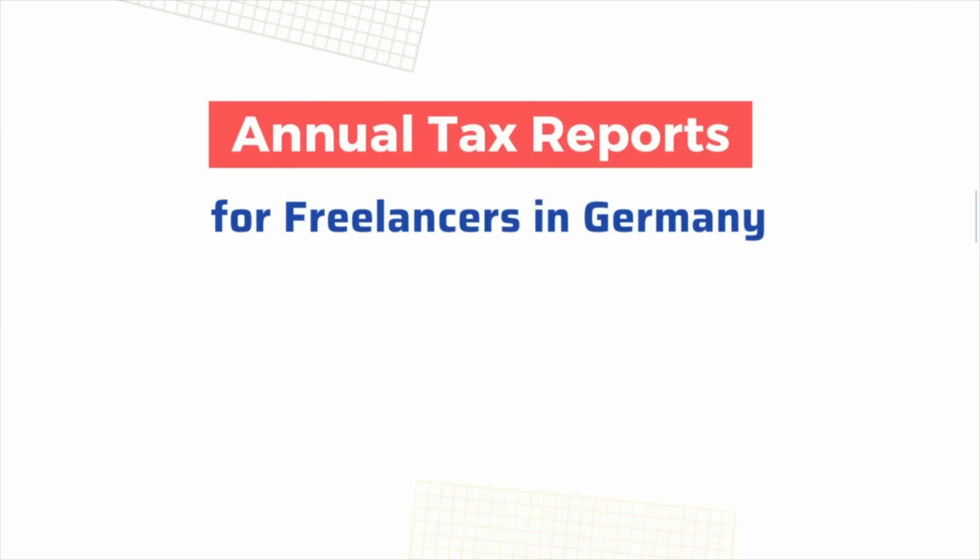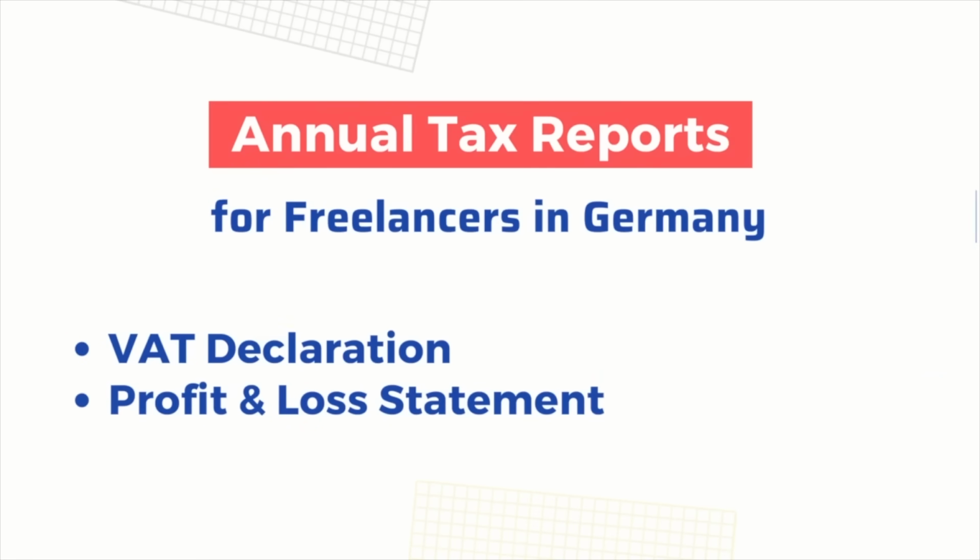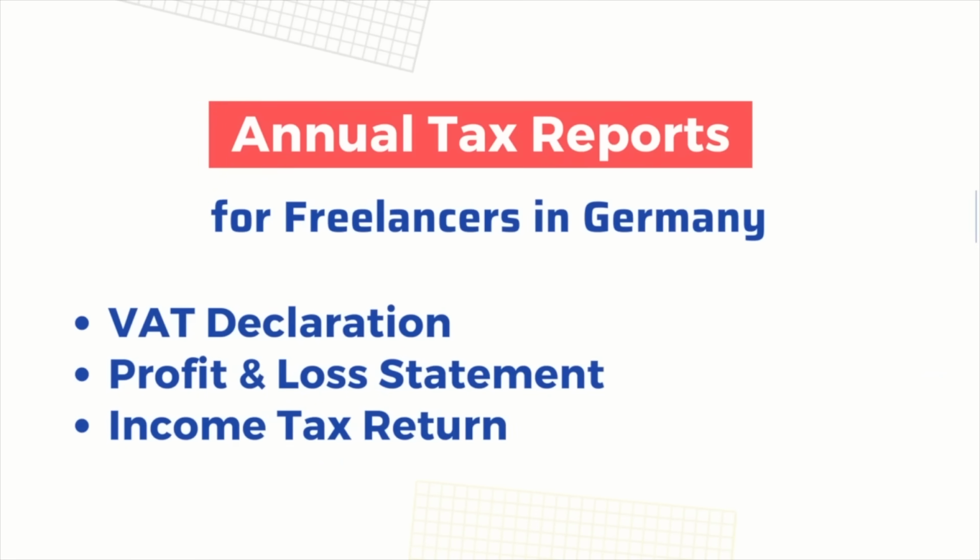Just to summarize very quickly, freelancers have to file 3 types of annual tax reports. First one is VAT Declaration, then a profit and loss statement, and finally an income tax return.